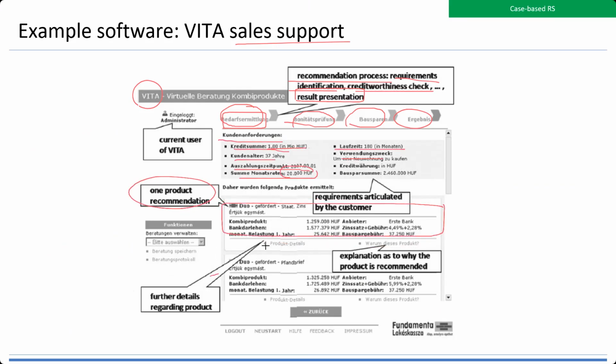And then there are some details and some reasons why the product is recommended. So this is the requirement that has been articulated by the customer, and this is the result from the requirements of the users. And we can have this recommendation item as the solution for the customer with the requirement.